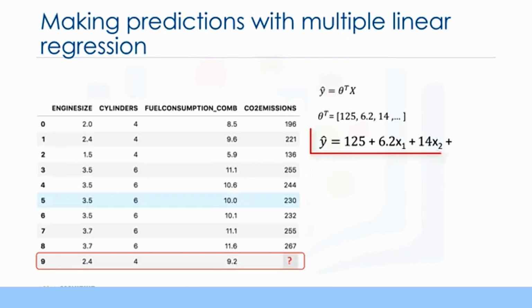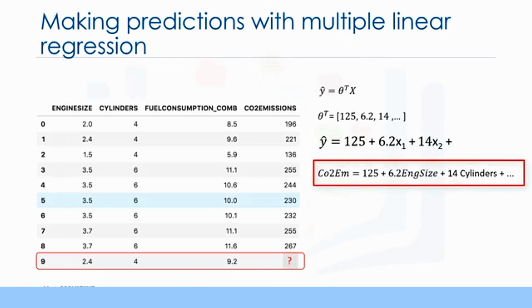For example, let's use theta 0 equals 125, theta 1 equals 6.2, theta 2 equals 14, and so on. If we map it to our dataset, we can rewrite the linear model as CO2 emissions equals 125 plus 6.2 multiplied by engine size plus 14 multiplied by cylinder, and so on.